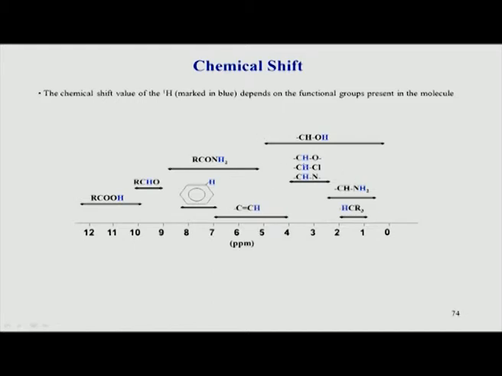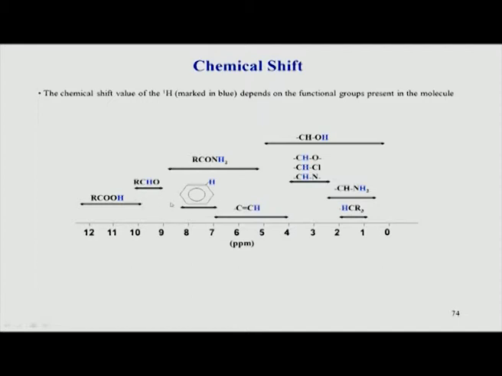Typically we talk about the center of the spectrum as the reference. You can see that aromatic functional groups, the hydrogen atom attached to an aromatic ring, or amide protons, that means hydrogens attached to CO and NH2, come very much downfield shifted, at a higher ppm value, and the carboxylate group is very typical, it comes at a very high chemical shift value.